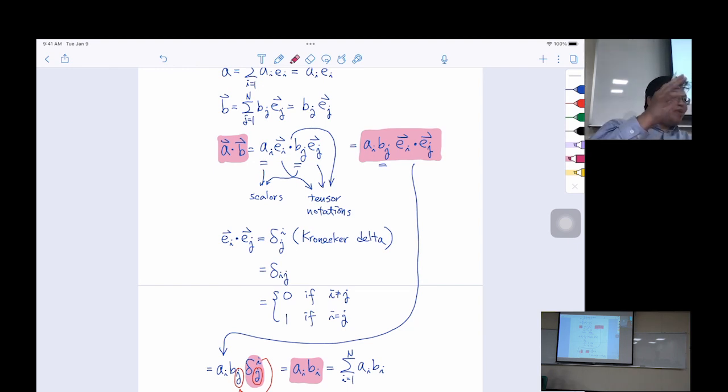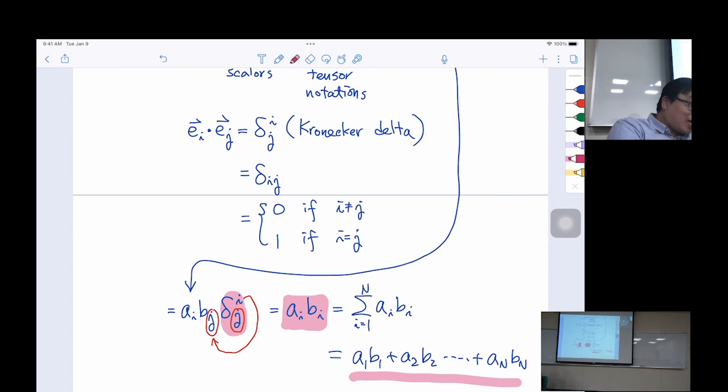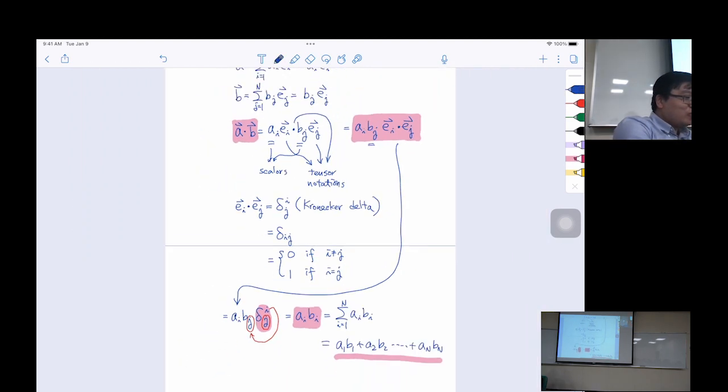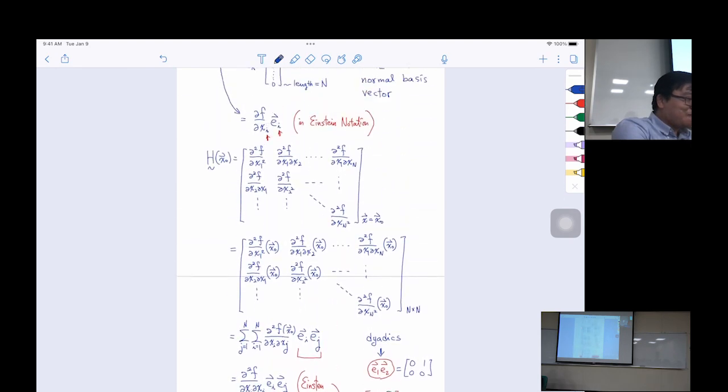So without memorizing how a dot product should be done, you can already derive it: a_i b_i. And at the end that is exactly how the dot product should be done. The reason I show you this is because we have some dot product right here.